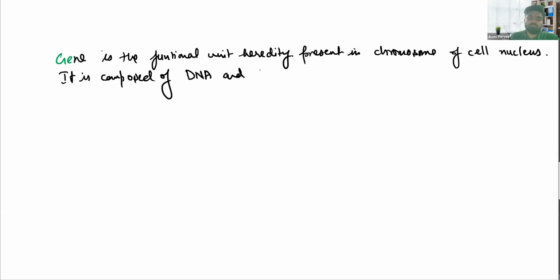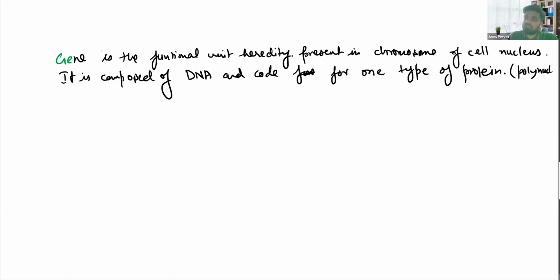This is what we call a polynucleotide. So a gene is a functional unit of heredity that is responsible for transmission of traits.